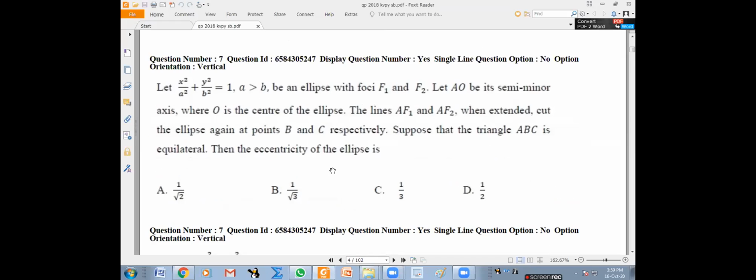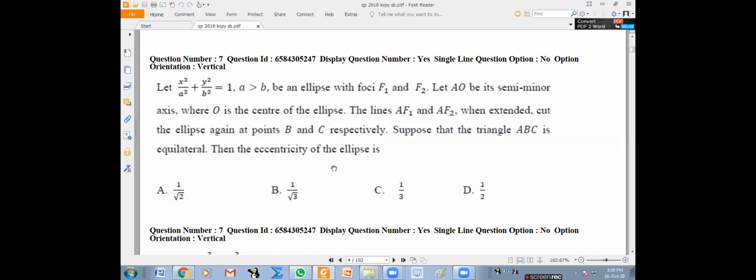Okay. This question is also quite easy, the 7th one. Basically, this seventh one is, we have an ellipse.